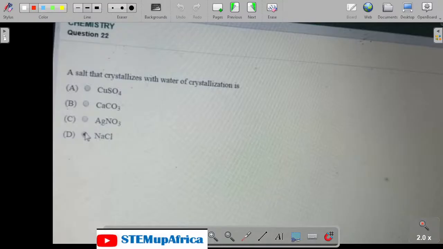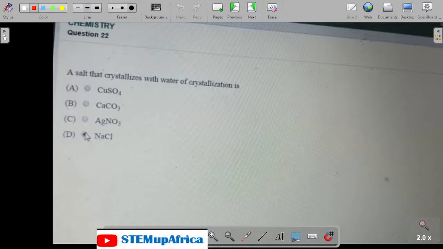We have copper sulfate, calcium carbonate, silver nitrate, and finally sodium chloride.